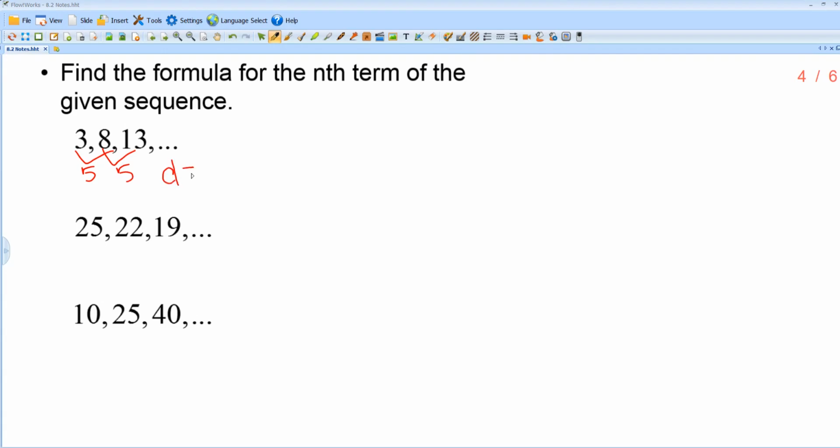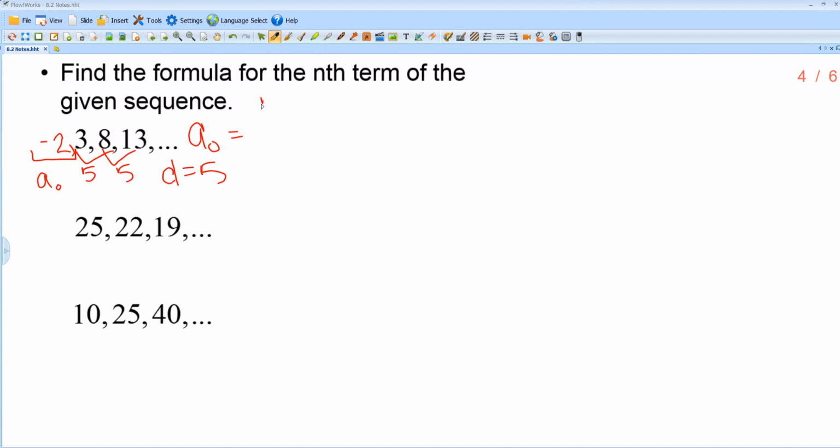So d is 5. The other thing I need is a sub 0. A sub 0 means what was the term that would have come before 3. If I added 5 each time, then going in the past I would be subtracting 5, and this would be negative 2.